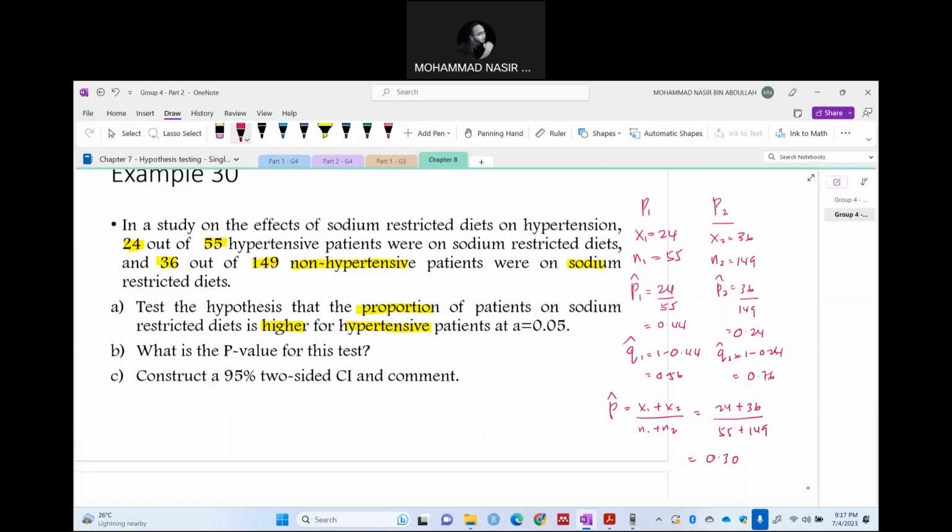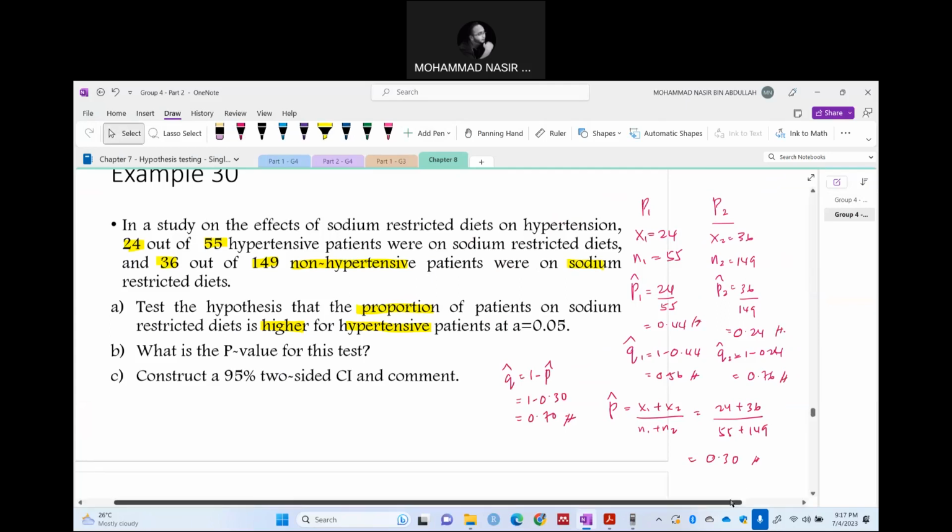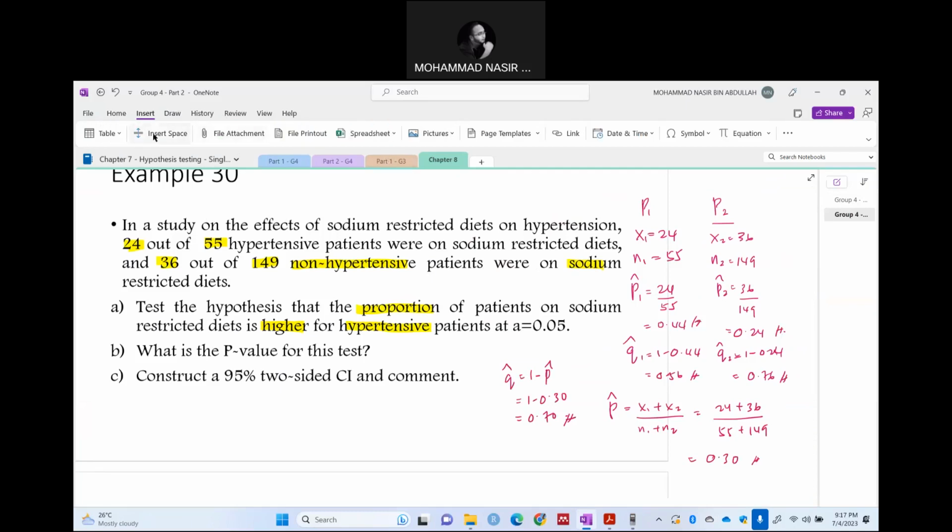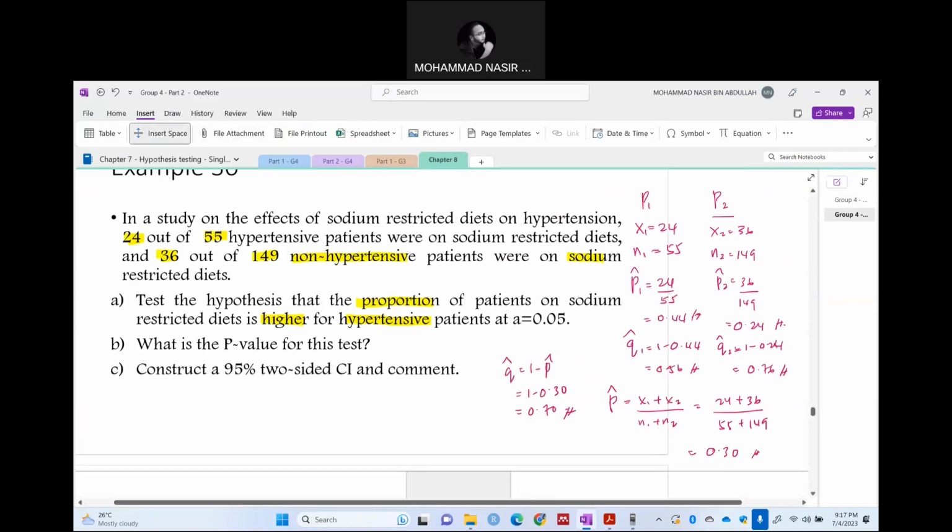And Q hat is equal to 1 minus P hat, so 1 minus 0.30 equals 0.7. So you just pick up all the data that we have, and we try to perform hypothesis testing.